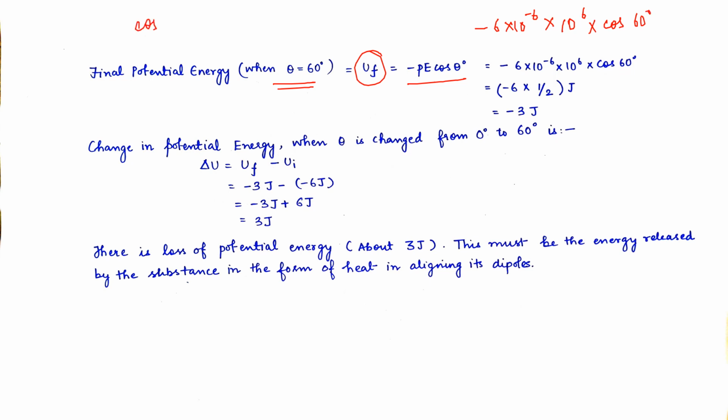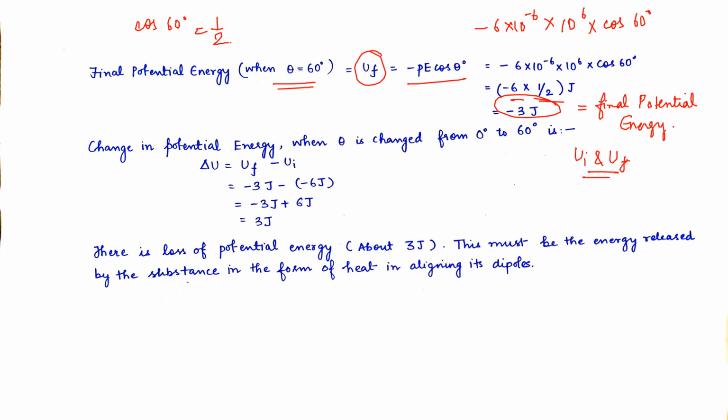What is the value of cos 60 degrees? From trigonometry, it is 1 by 2. So minus 6 into 1 by 2, the answer is minus 3 joules. That is the final potential energy.